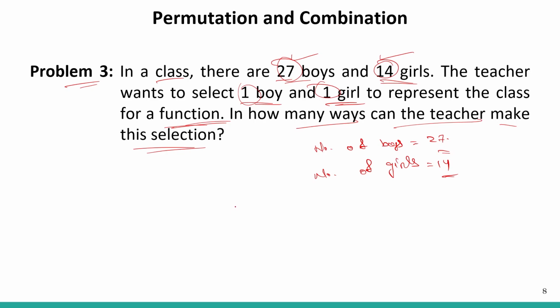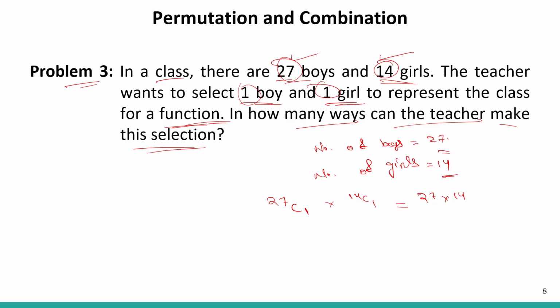So it will be 27C1 ways, and choosing one girl out of the 14 will be 14C1. Multiplying these two, we are left with 27 into 14.